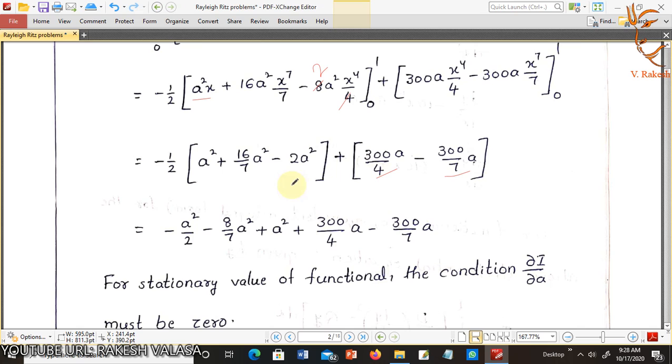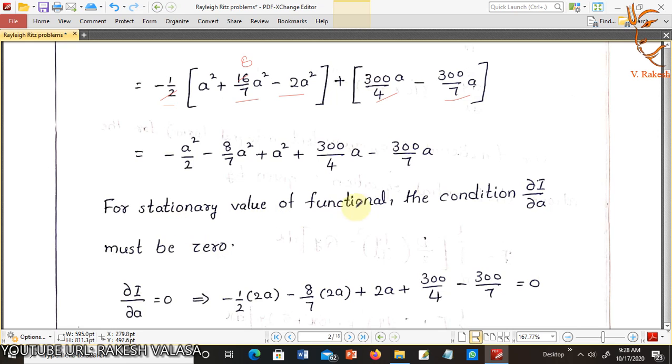Now simplify this step. Minus 1 by 2 into a square minus a square by 2 minus 16 by 7 a square, that is minus 8 by 7 a square, minus 1 by 2 into minus 2 a square, that is plus a square, plus 300 by 4 a minus 300 by 7 a.